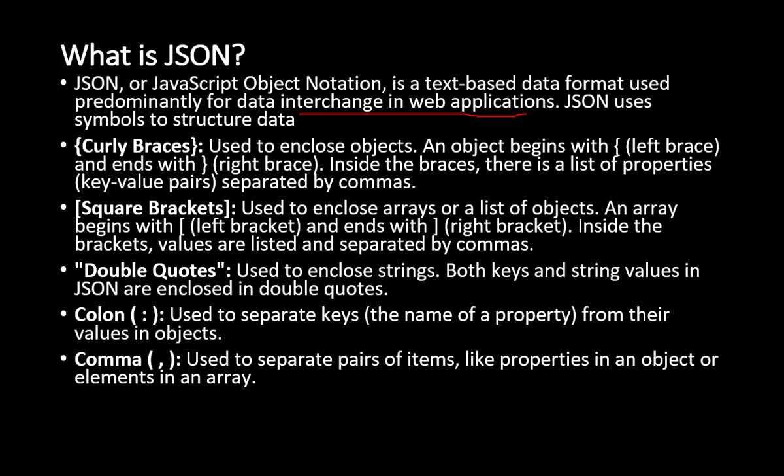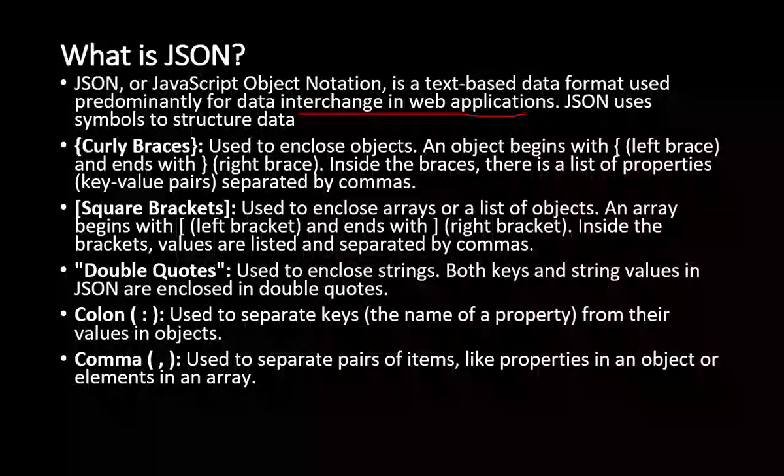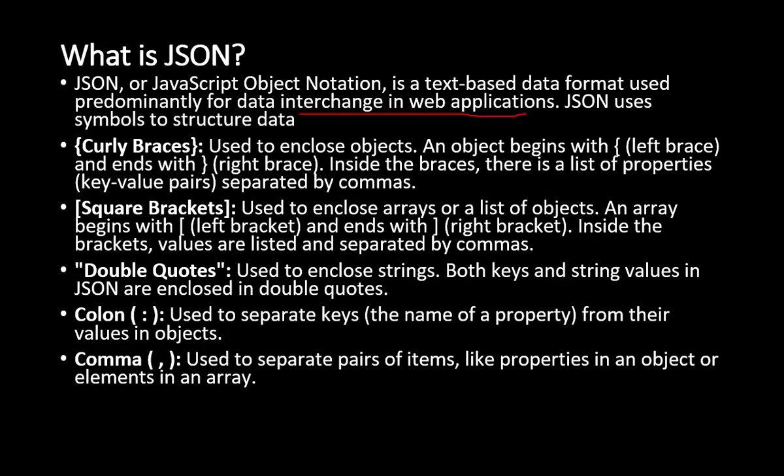So, similar to JSON, we have the XML format also. You must have encountered XML format in your application as well, right? So JSON is a more simplified version, like a key value pair. Okay, key, and then it has a value.